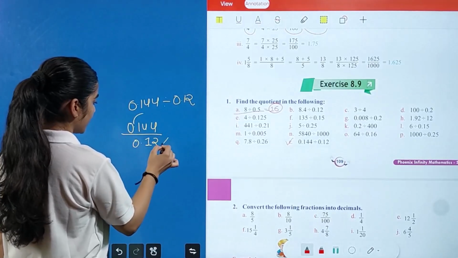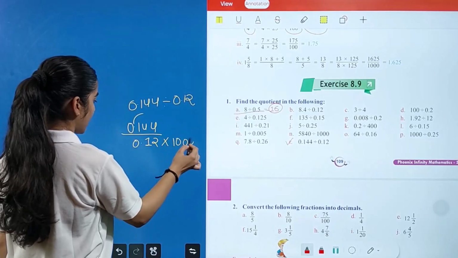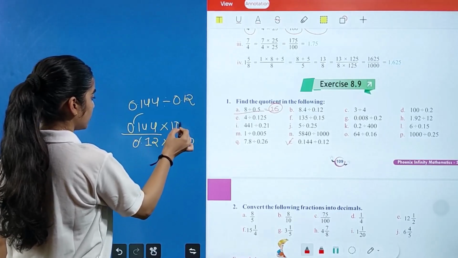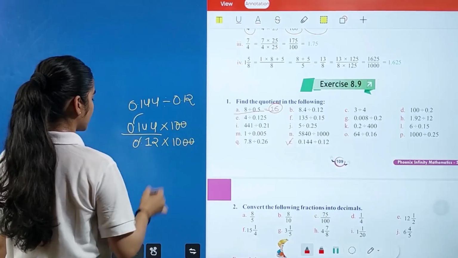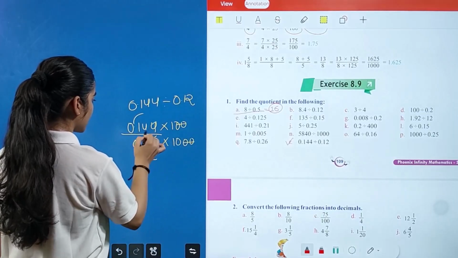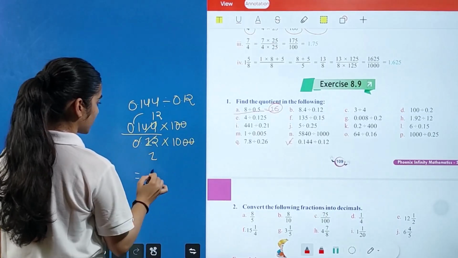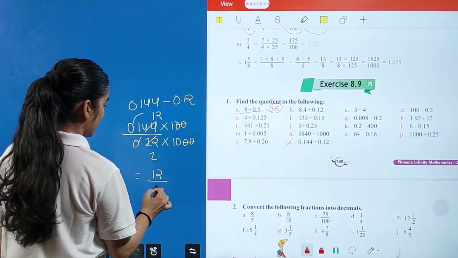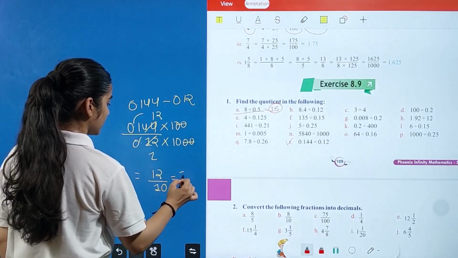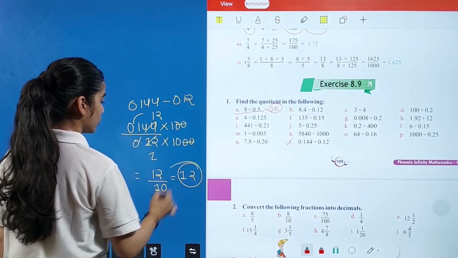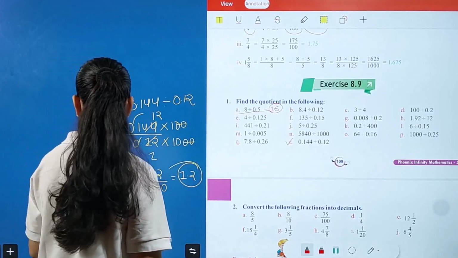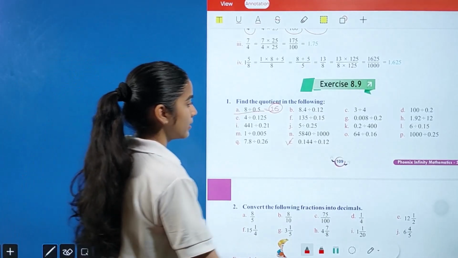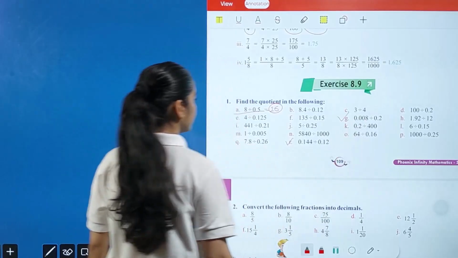Now in this we have 3 zeros, and in this we have 2 zeros. So 2 zeros are cancelled out with 2 zeros. 12 ones are 12 and 12 twelves are 144. So 12 upon 10, your answer will be 1.2. Okay, now one more question. Let's take this one.